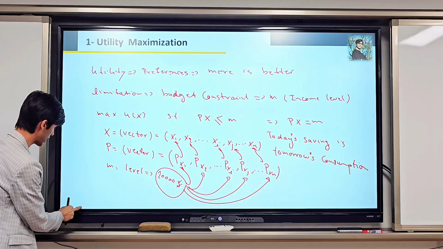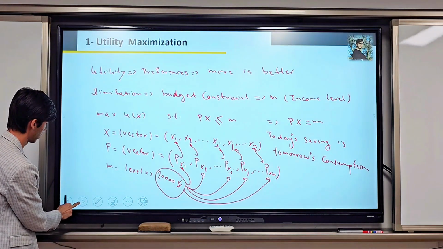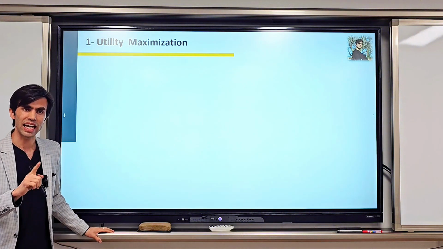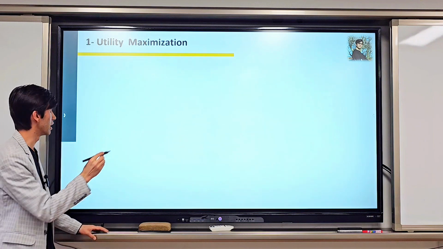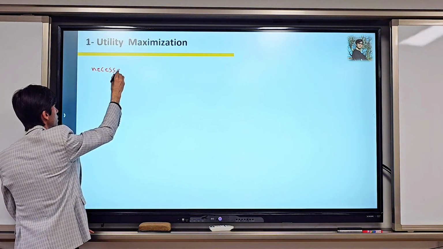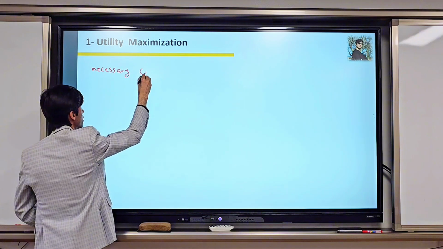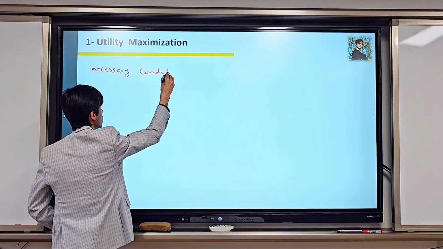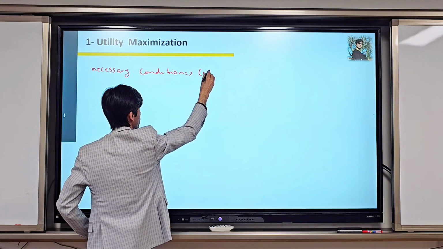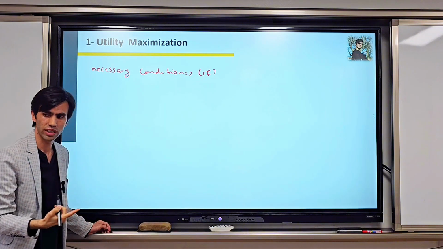But the thing is, what are the techniques that can help us to maximize our utility? There is an if condition, for example, the necessary condition. What is this if or necessary condition?